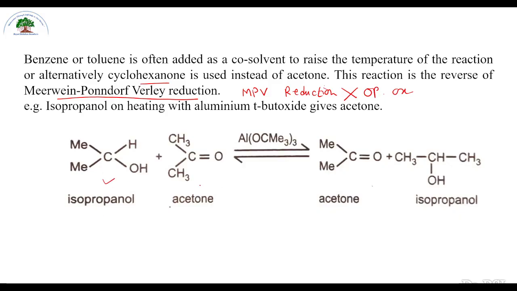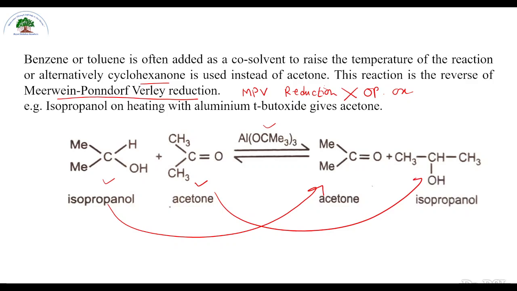Isopropanol and acetone in presence of aluminum tertiary butoxide: this isopropanol forms acetone and acetone forms isopropanol. The thing to be remembered here is that any secondary alcohol is converted into ketone.